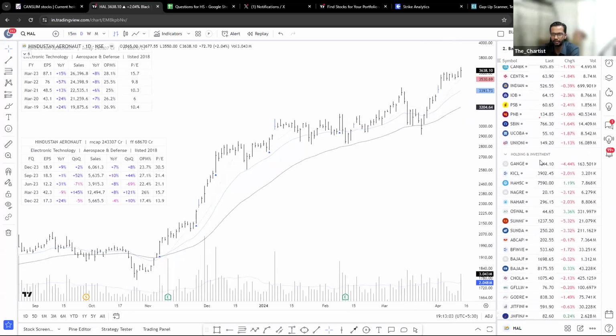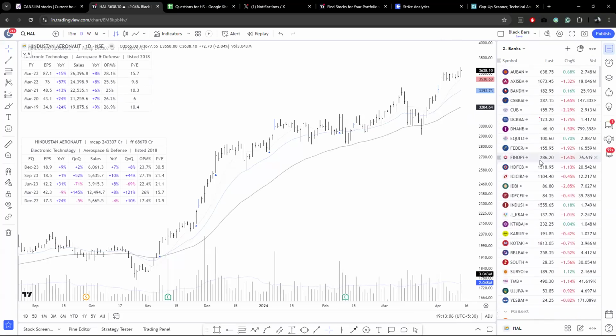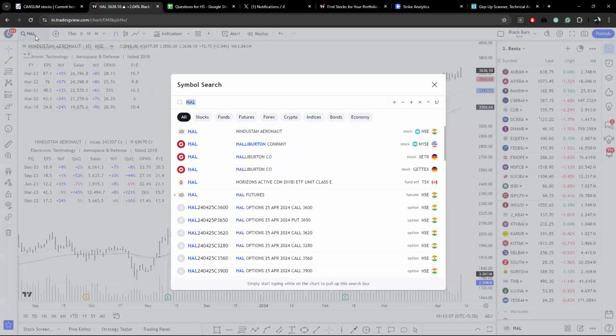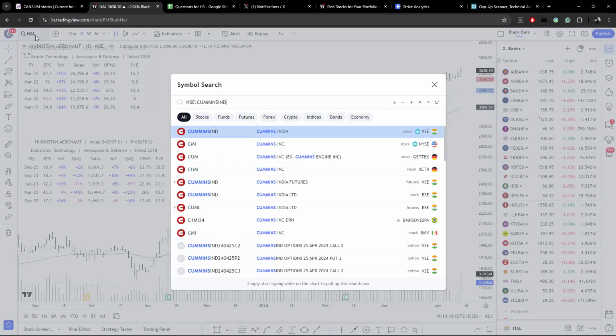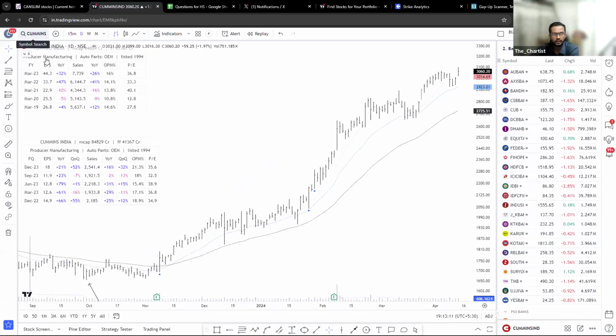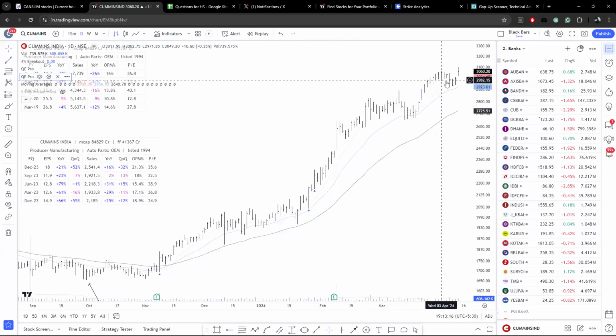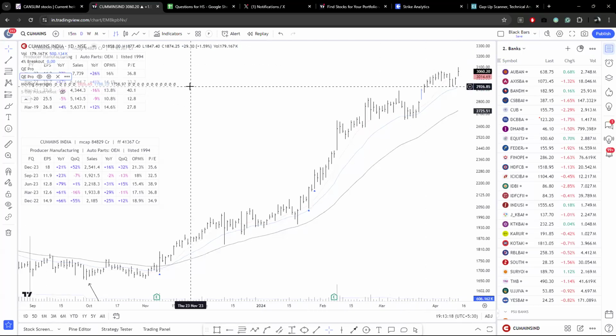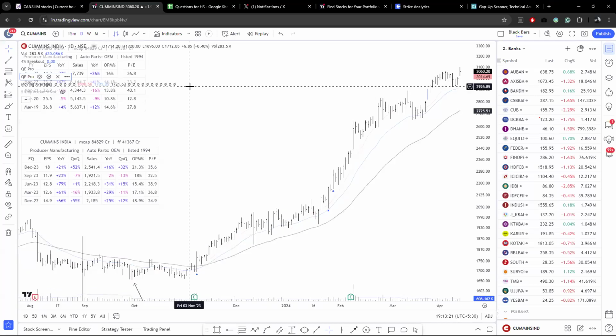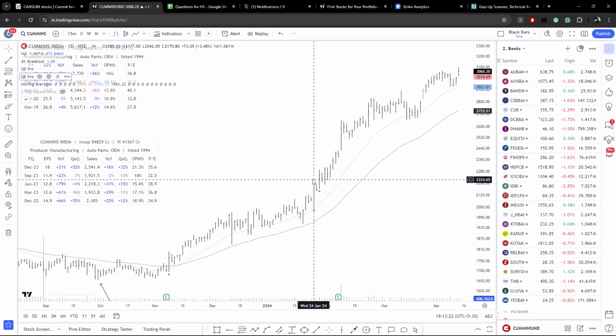Sir, in case of Cummins, there was a gap up recently. Gap up, you mean? The last candle was this one. Yes, sir. So you consider this a strength?